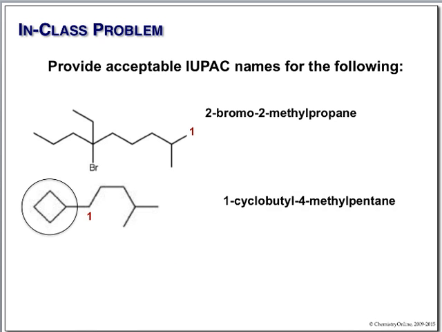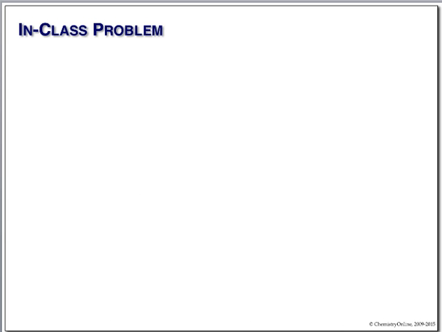We'll see. 1-cyclobutyl, 4-methyl pentane. For the cyclos, do you include the C before anything? Yeah, you do the cyclo. Just like iso. All right.